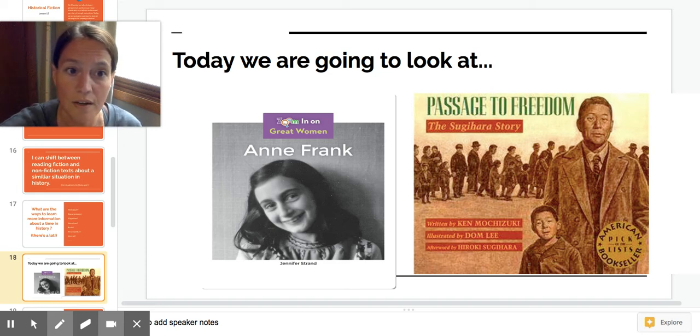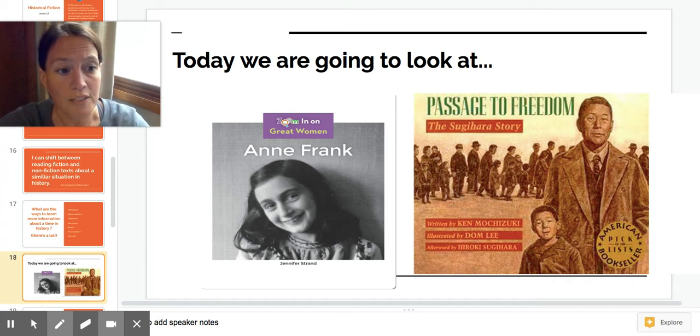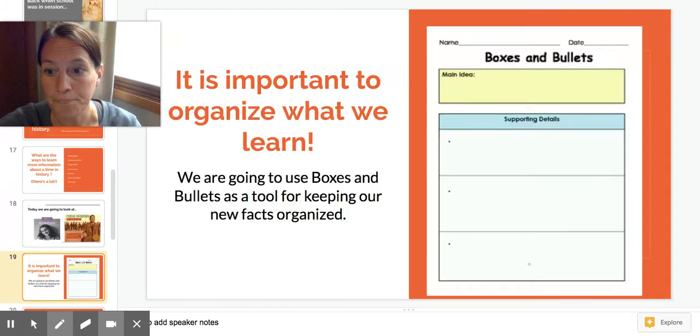And then the Sugihara story is about how one man helped a lot of Jewish people. And we know in our book that the family, the Johansons, are helping Ellen and Ellen's parents. So they relate to our story completely.